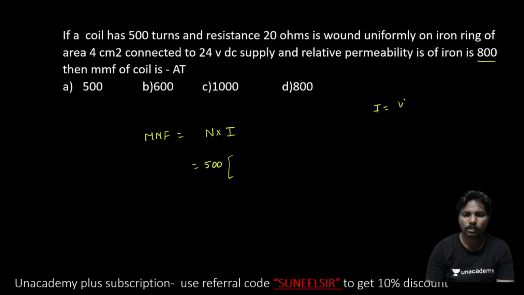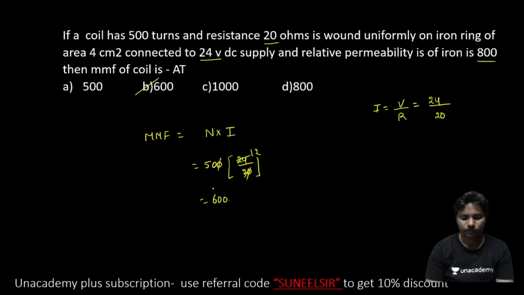Current is equal to voltage by resistance. They have given 24 volts, and resistance 20 ohms. Substitute that, 24 by 20. So you are getting 600. The answer is option B, 600 ampere turns.